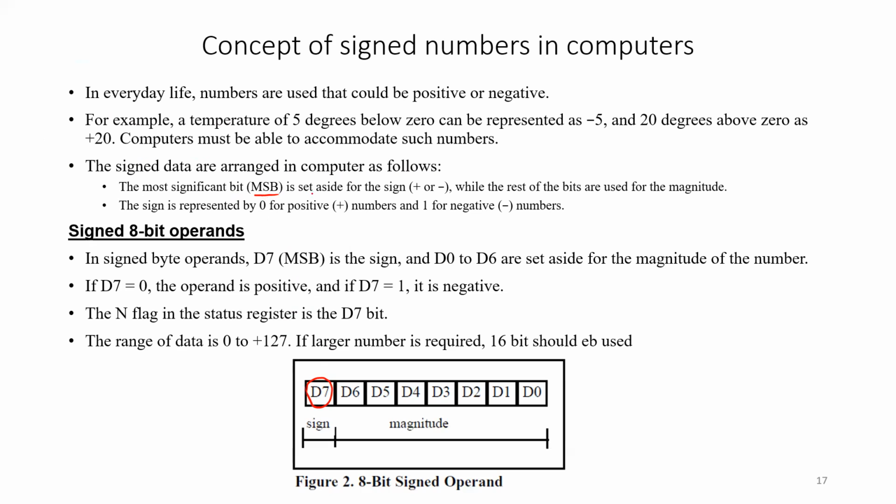The most significant bit is set aside for the sign, positive or negative. So signed data are going to be represented in an 8-bit microcontroller in only 7 bits, from D0 to D6. D refers to data. So data can be stored from D0 up to D6.